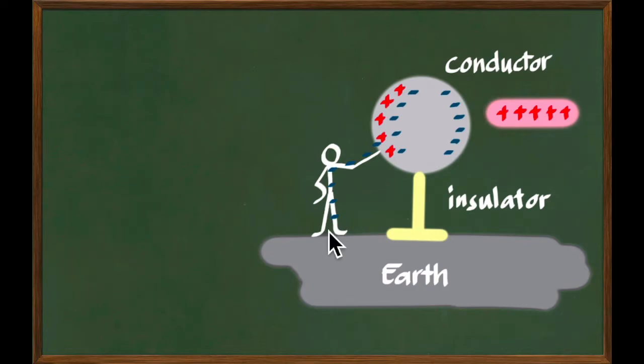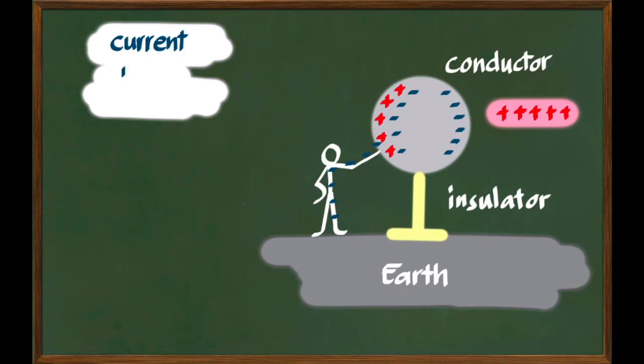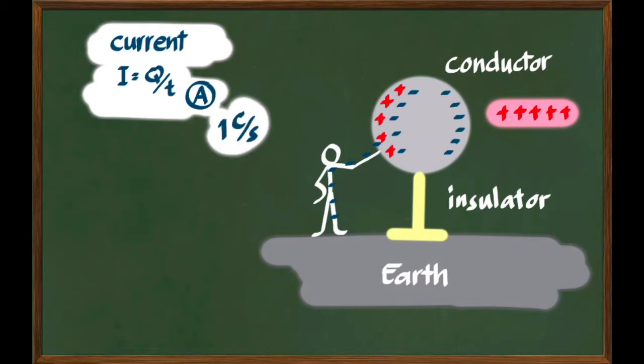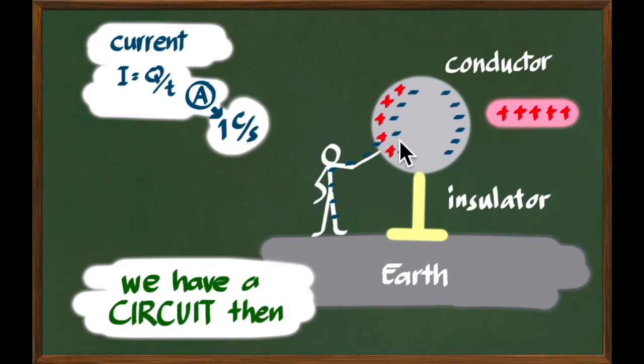So we have a flow of charges here, and we say that there was a current through your body, or the amount of charges that passes in a given time. This formula. The unit of current is A for ampere, an SI unit defined to be coulomb per second from the formula. Since there is current, we then have a circuit here, basically because of you. Remember that a circuit is any arrangement of materials that permits the flow of charges.